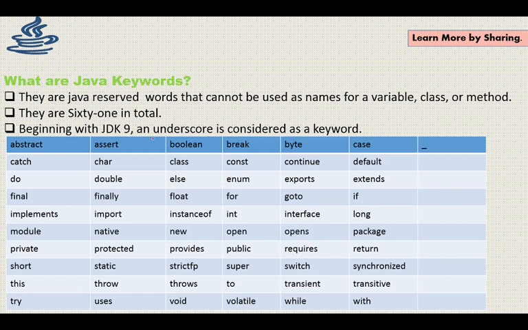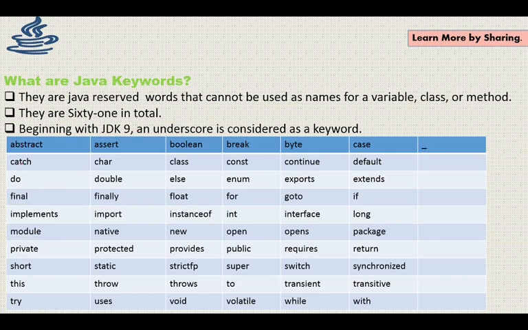There are 61 in total, and we are being told here that beginning with Java JDK 9, even an underscore is considered a keyword. So you can't even use an underscore as your variable name, for example. If you look at them, there are quite a lot, 61 in total.